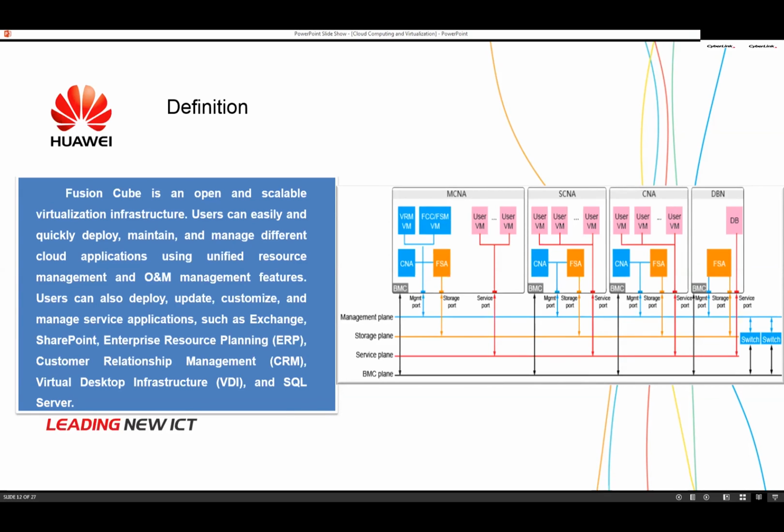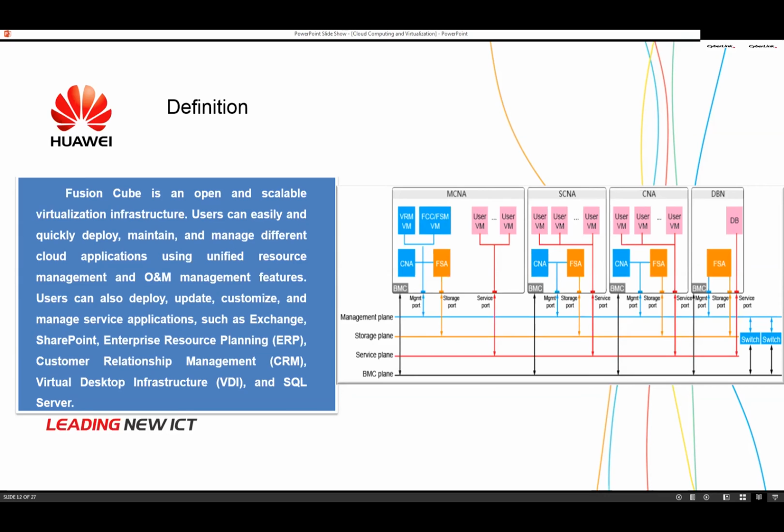For example, our own servers, we can use Blade servers, we can use rack servers, V3 models, V5 models, you name it. We can use E9000, we can use E6000. And the software uses the storage software which we previously talked about, Fusion Storage.